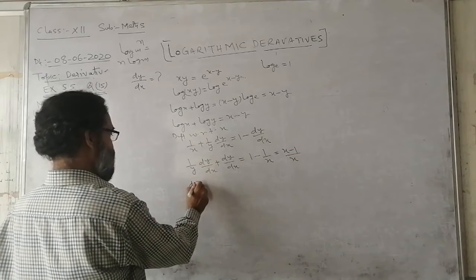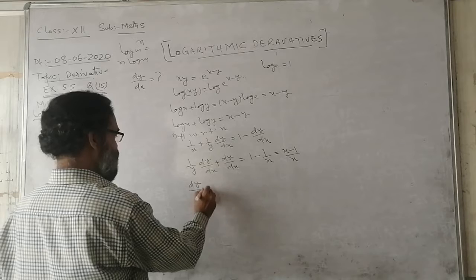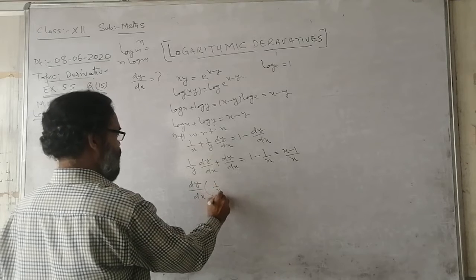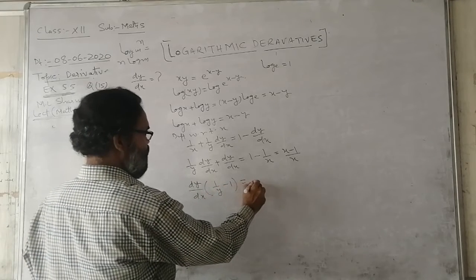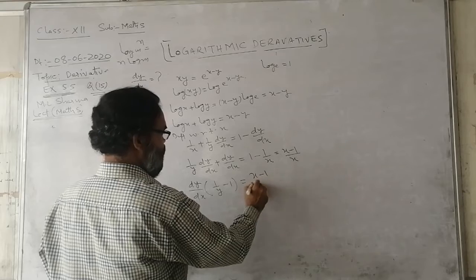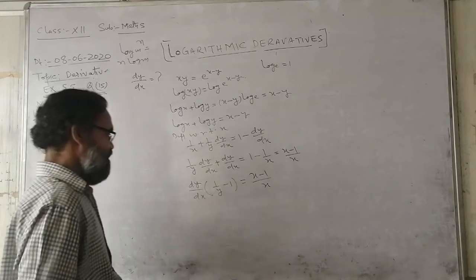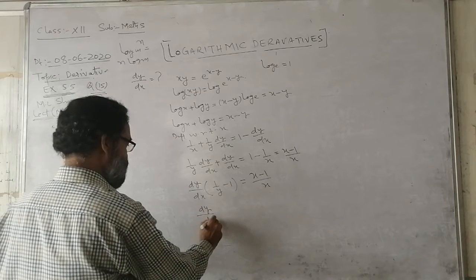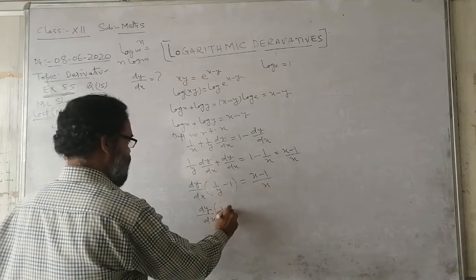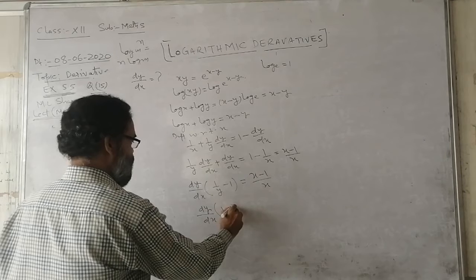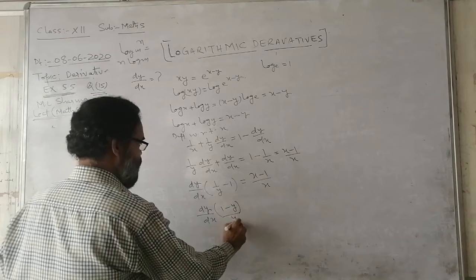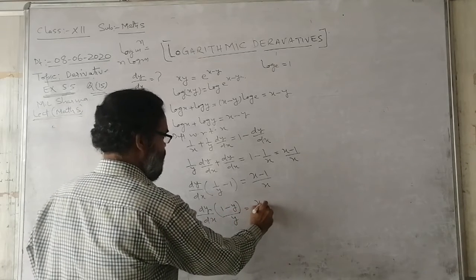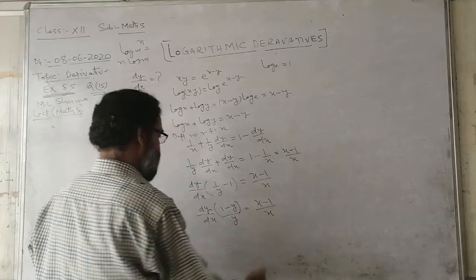If I take dy upon dx as common, 1 upon y plus 1 is equal to 1 minus 1 upon x. If I take LCM here, this will be 1 plus y upon y. This is x minus 1 upon x.